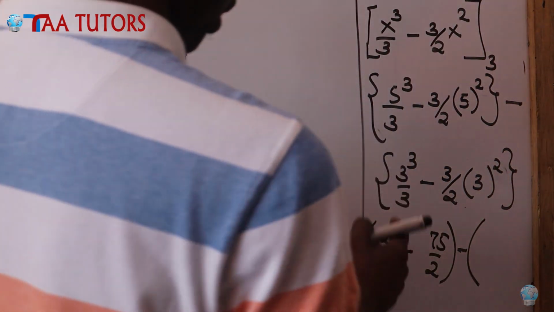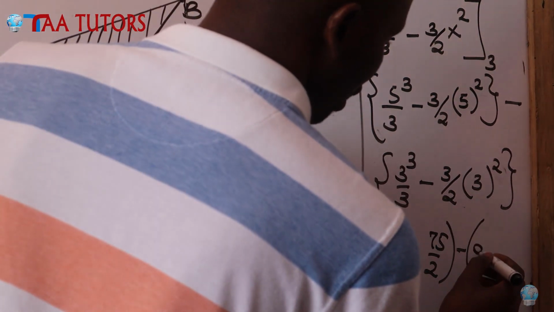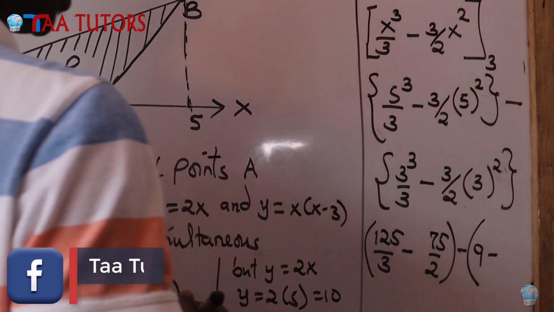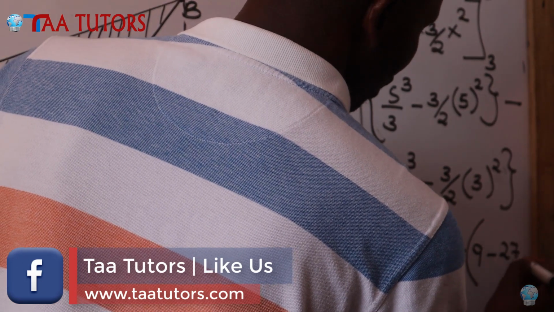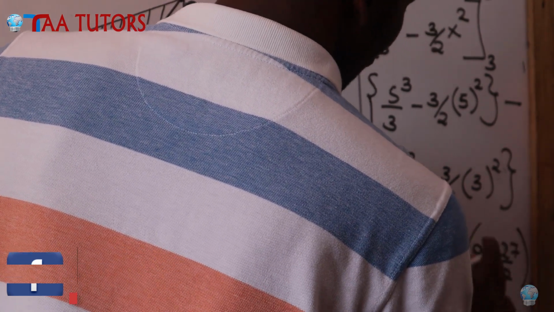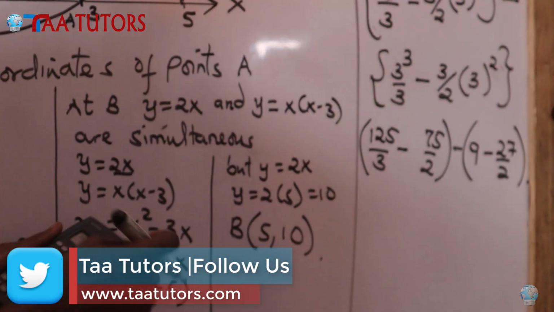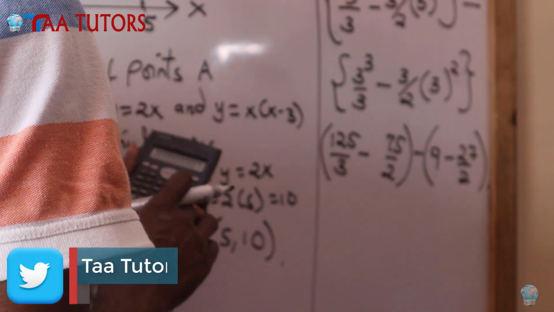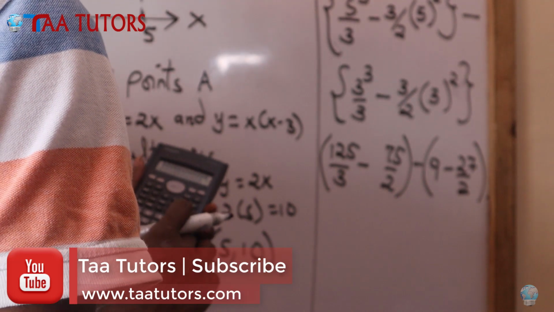Down here is 27. 3 cubed is 27, over 3 is 9. 9 minus 3 squared is 9, times 3, 27 over 2. That's what we have. So if we move forward here, we'll get 125 over 3 minus 75 over 2.